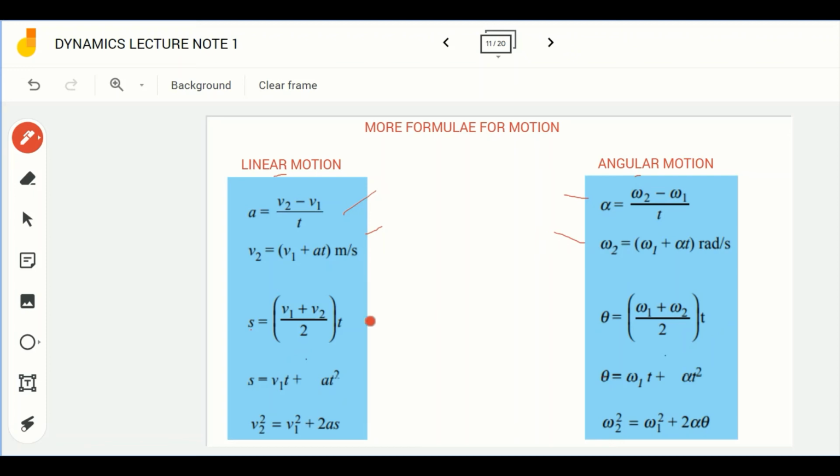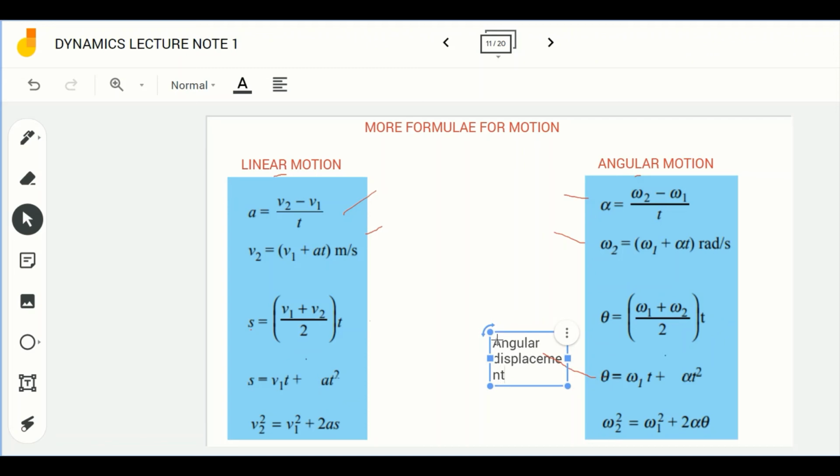And I want us to note that the theta is the angular displacement, and your S is your linear displacement. With this, we can solve any question that is given to us as relates to linear motion and angular motion.